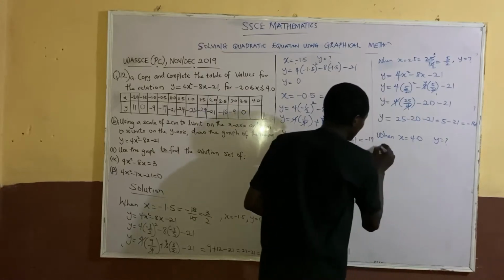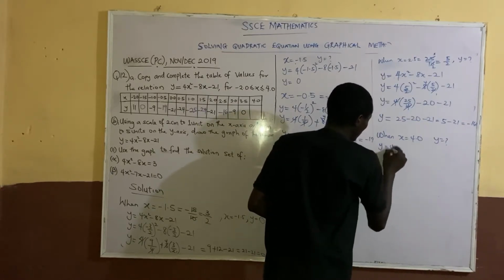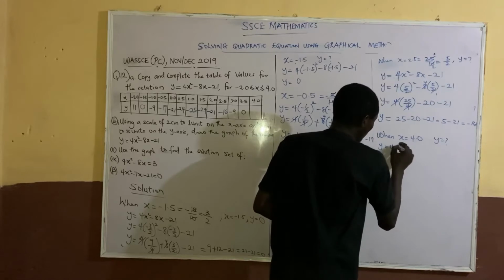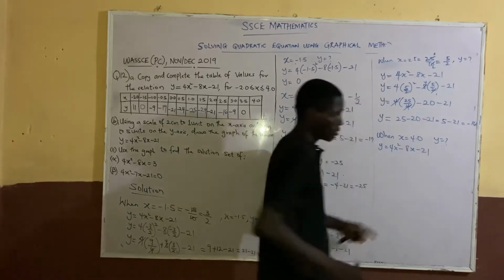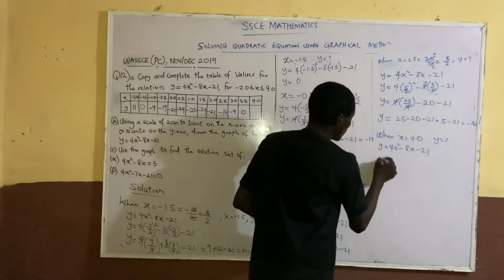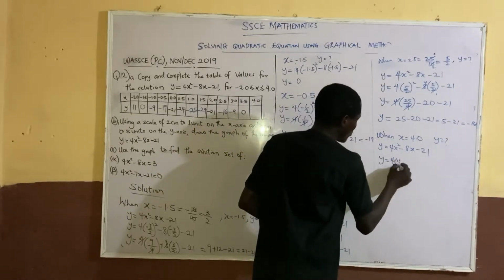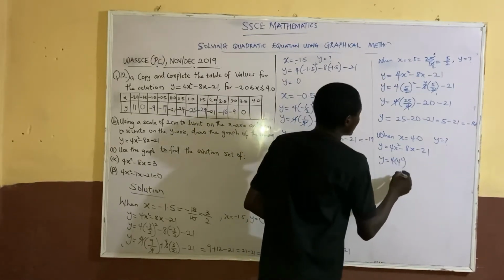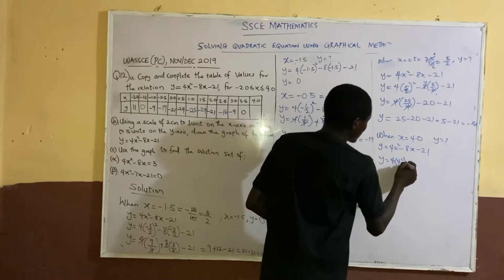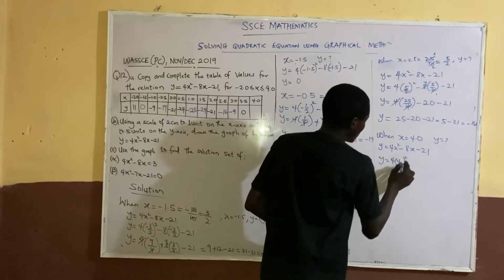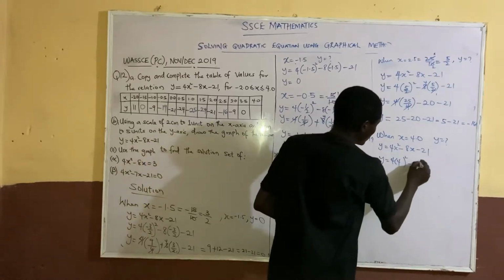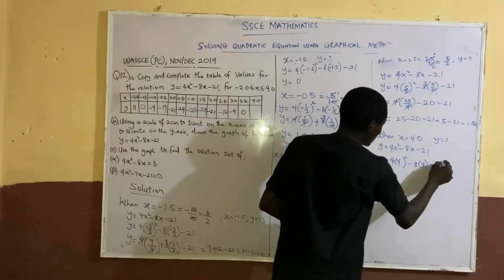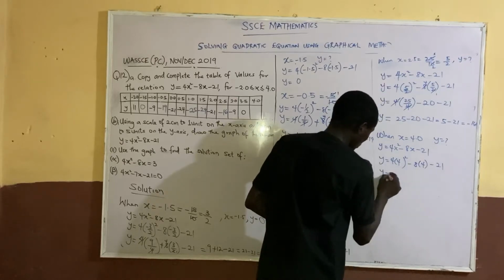Remember that our y is equal to 4x squared minus 8x minus 21. So put in your 4, y is equal to 4 in the bracket 4 squared minus 8 in bracket 4 minus 21.